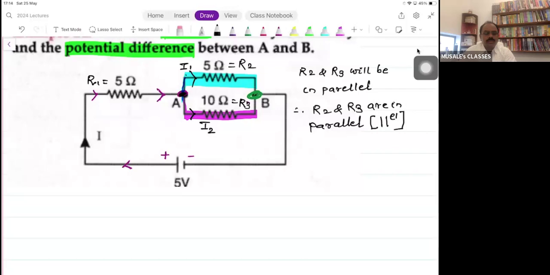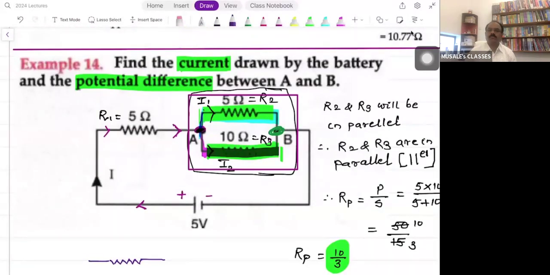You have to calculate the equivalent resistance. मी तुम्हाला सांगितलंय फॉर्म्युला RT. ठीक है. So what is asked? Find the current drawn by the battery and the potential difference.